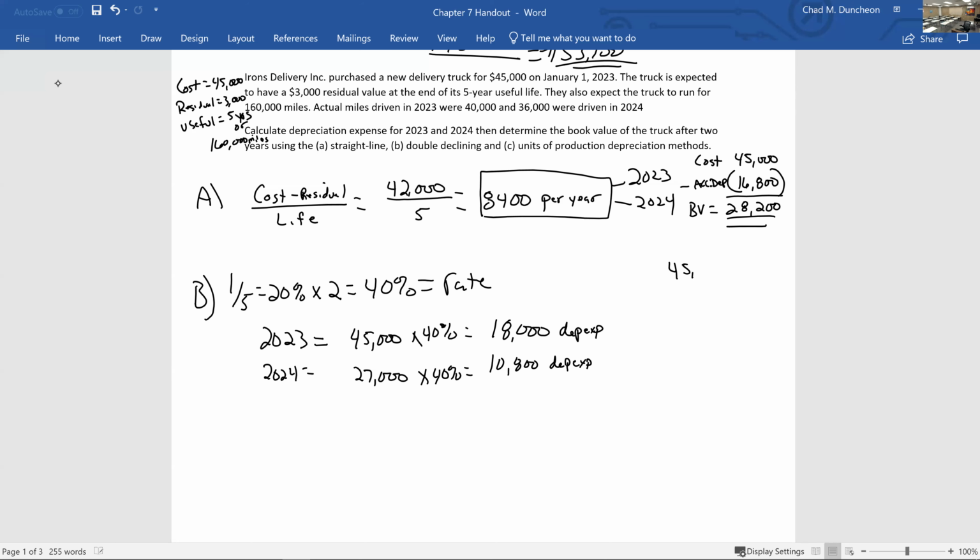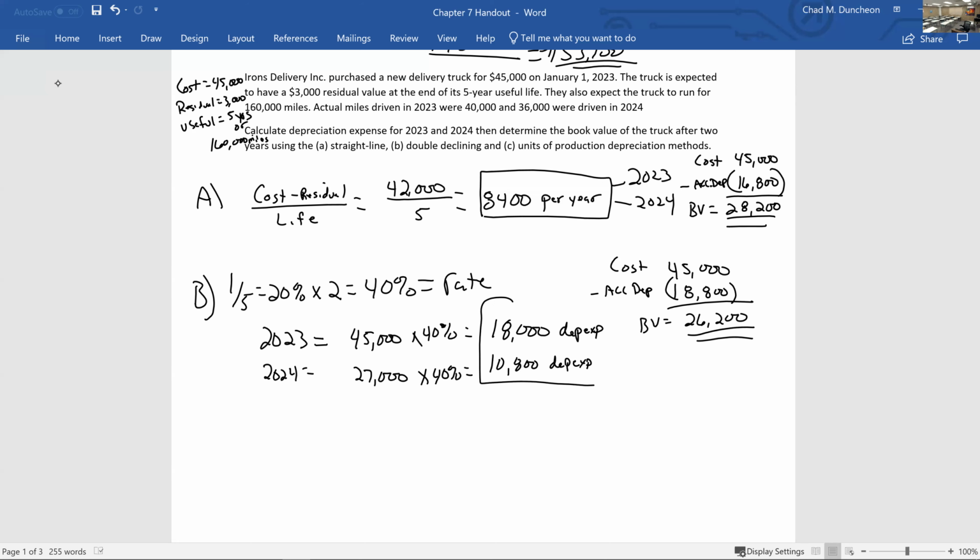Our book value at this point in time, cost minus accumulated depreciation, which is 18,800. It's just a book value of 26,200 after 2 years using the double declining method.